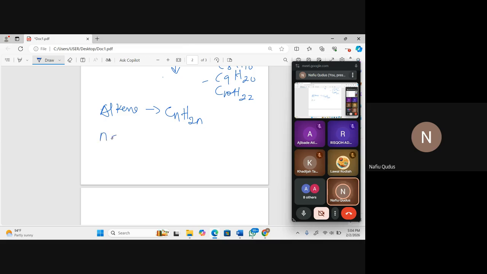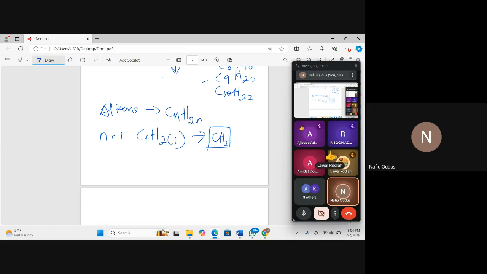So when n equals 1, we have C1H2 into bracket 1, which is 2 times 1. Are we together? We have CH2.